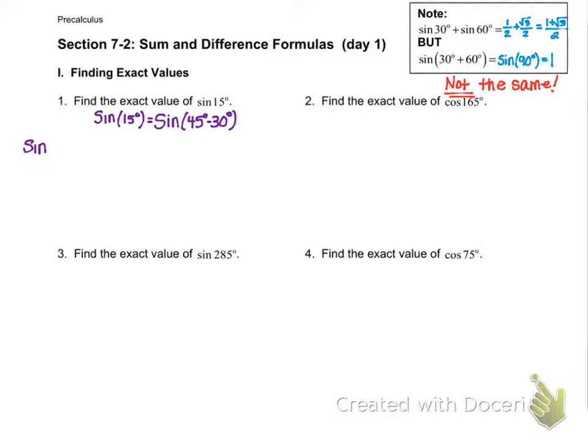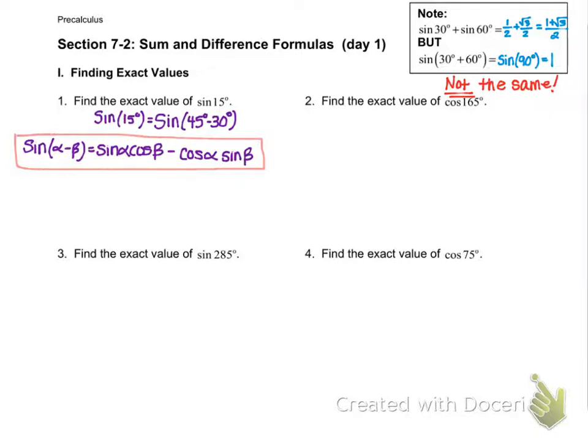Sine of alpha minus beta equals the sine of alpha times cosine beta minus cosine alpha sine beta. So what we just created is the difference formula for sine. And this will be given to you on that formula sheet that you've already gotten.